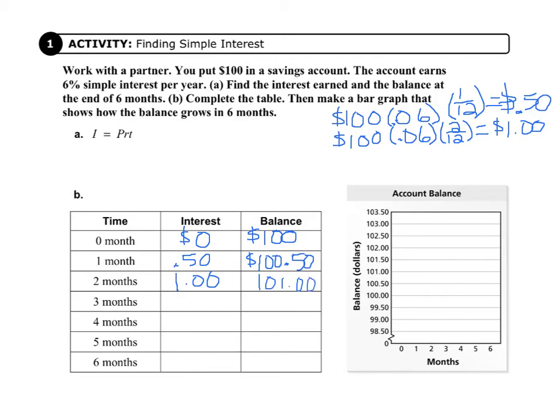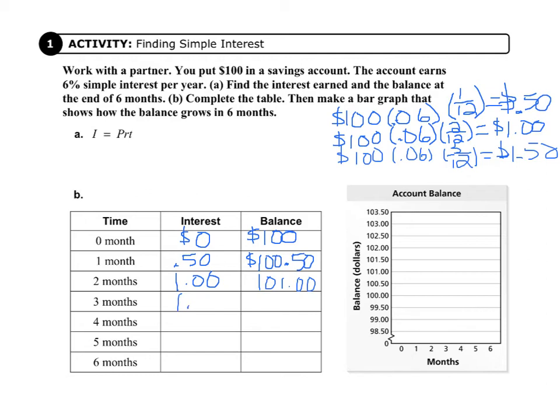So for the third month, we repeat the process. We've got our $100 times 6% times the 3 months that it's been sitting there in the bank, and that's now earned us a total of $1.50 interest.